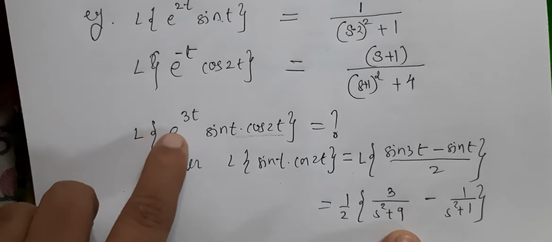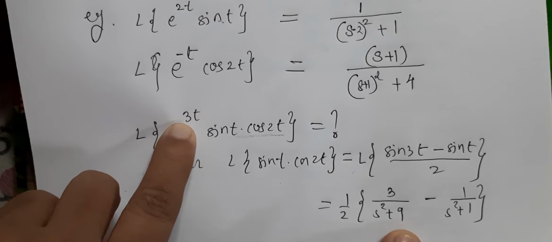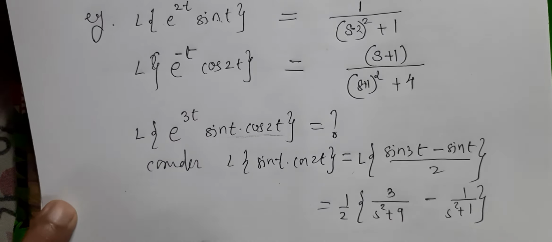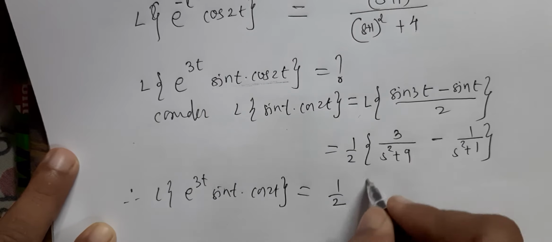Now I replace s by, here it is 3t, so I replace s by s minus 3. If it would have been minus 3t, I replace s by s plus 3. So my next step is, therefore, L of e raised to 3t sin t into cos 2t, replace s by s minus 3.